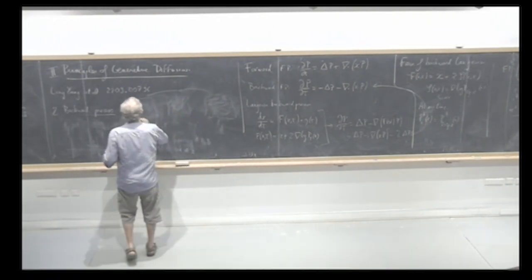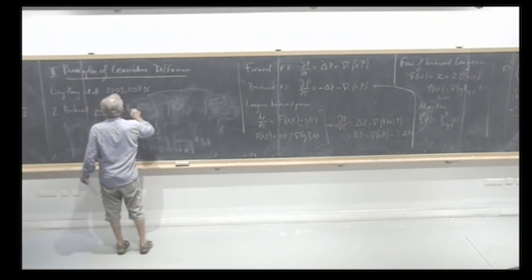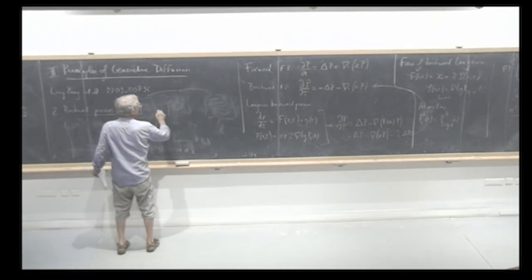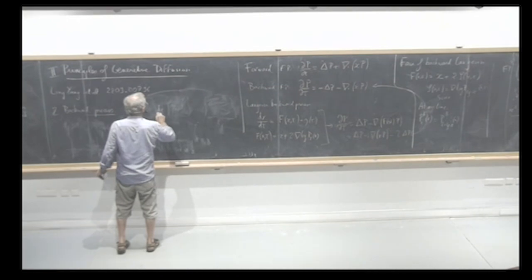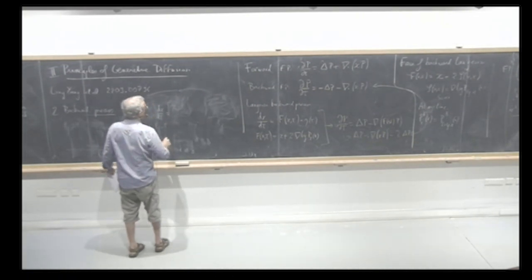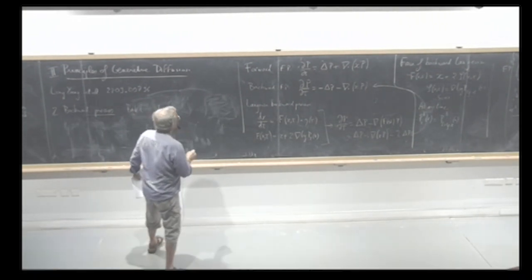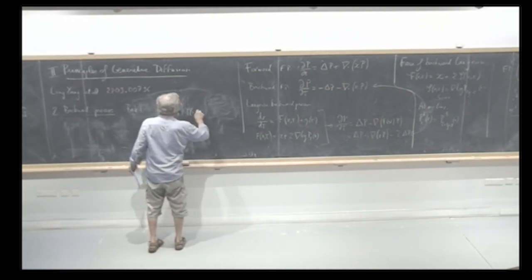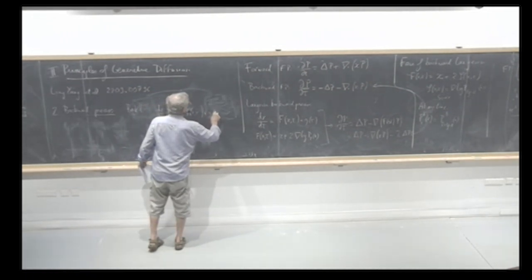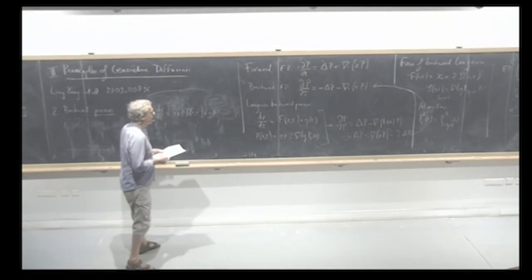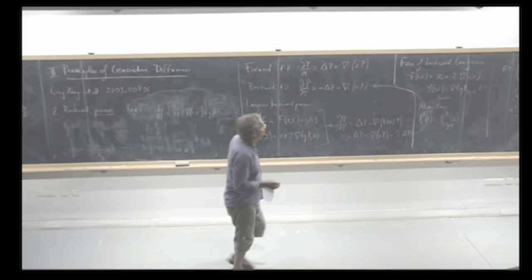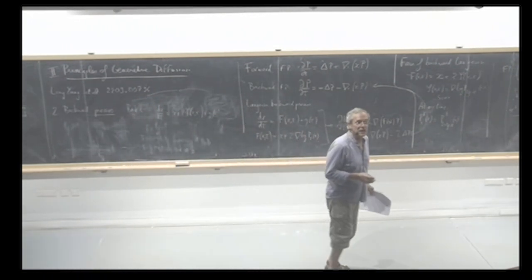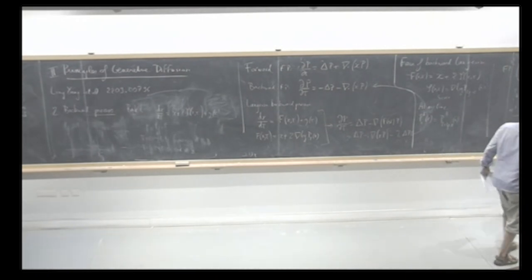So the backward equation is dx d tau is equal to... well, there is one regime in which we can analyze this equation easily. It is this regime which is here.